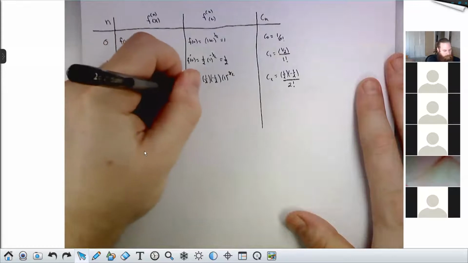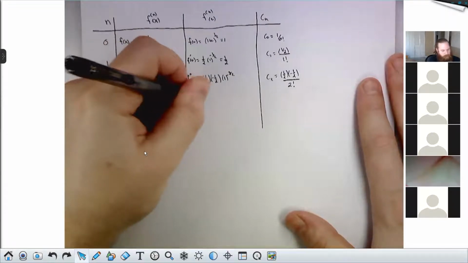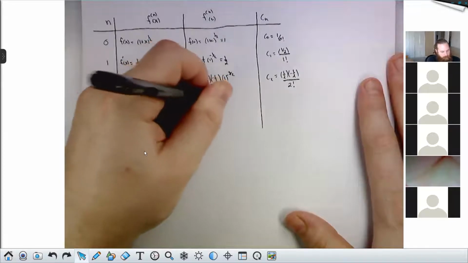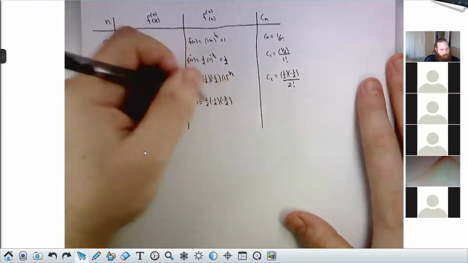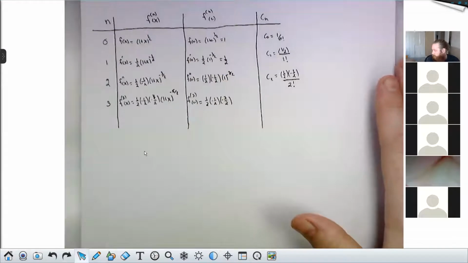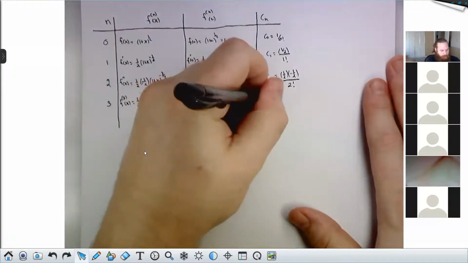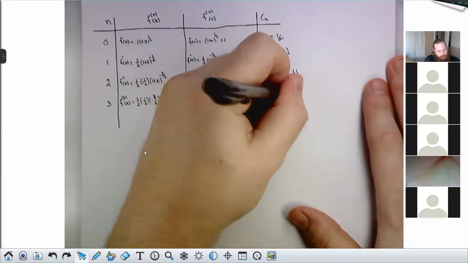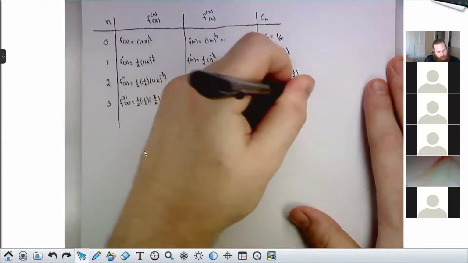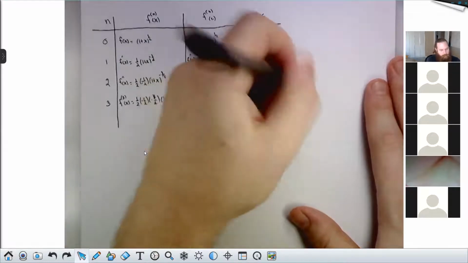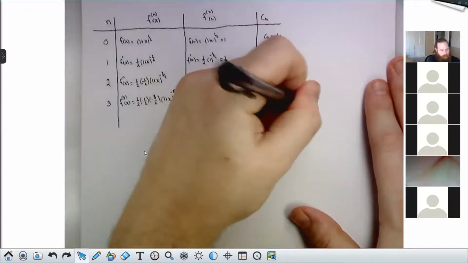So f3 of 0 is just the 1/2 times negative 1/2 times negative 3 halves. So C3 is 1/2 times negative 1/2 times negative 3 halves all over 3 factorial.